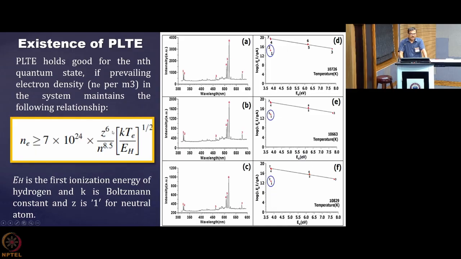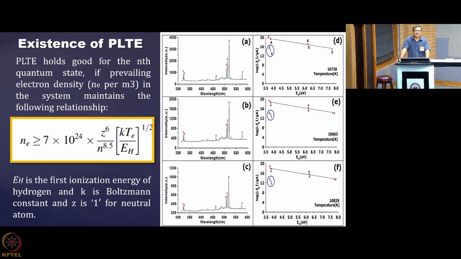Here EH is the first transition energy of hydrogen and K is the Boltzmann constant. If this kind of relationship is maintained, then usually partial local thermodynamic equilibrium is observed.